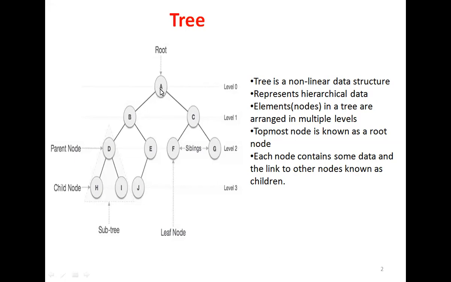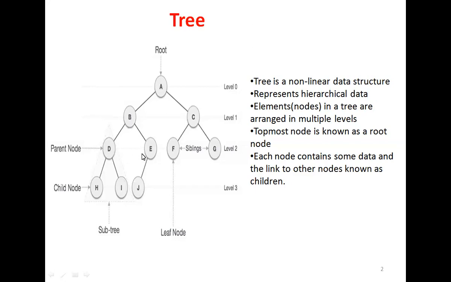So this is the root node. As I told you, the topmost node from where the tree started or is generated is known as the root node. So this is the root node here. Node A is the root node, and from node A, nodes are generated, node B and node C. So these are the child nodes or children of node A. Similarly, from node B, you can see node D and E are generated.